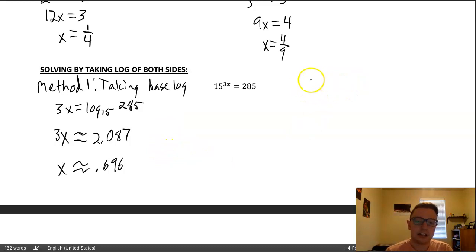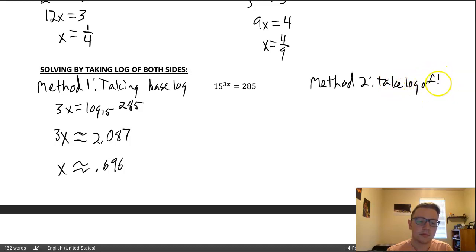The other thing you can do, the second method, is just taking the log of both sides. What do I mean by this? I mean, take the common log of each side and see where that gets you. If you take the common log, you'd have log of 15 raised to the 3x.